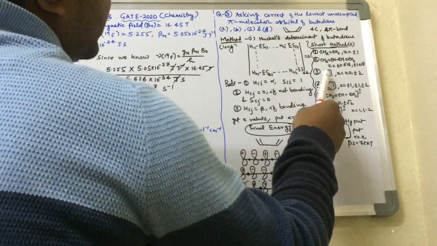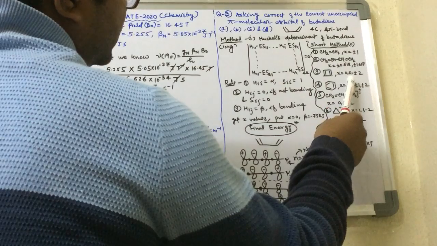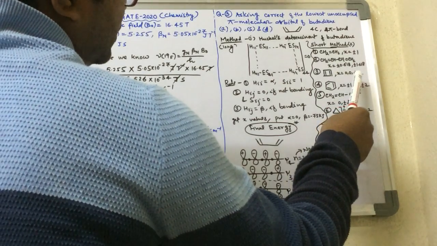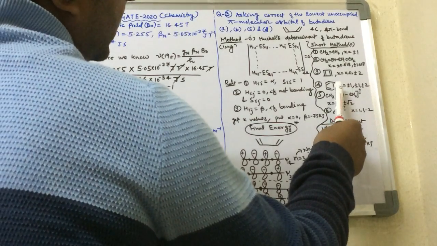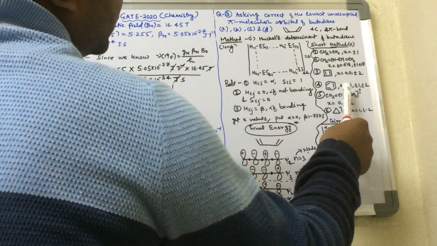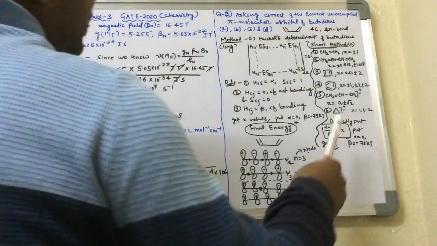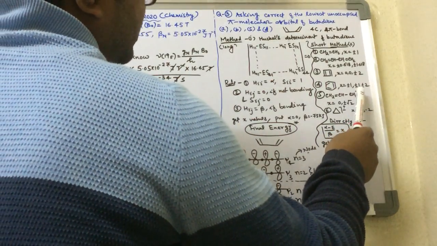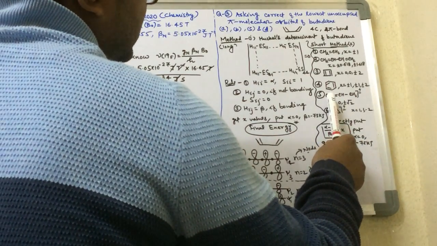Cyclobutadiene also has 4 x values: 0, 0, plus minus 2. And this is benzene, with 6 carbons, so there are 6 x values: plus minus 1, plus minus 1, plus minus 2.